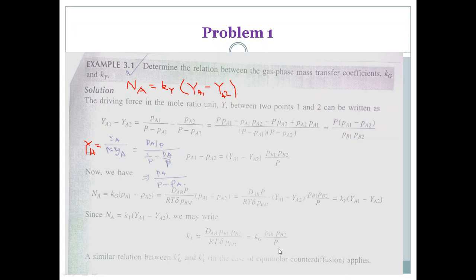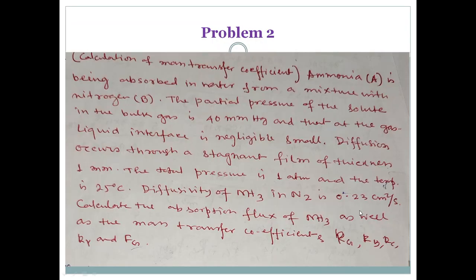This is the relation between capital K_Y and Kg. Similarly, you can calculate any mass transfer coefficient. We had already done it before, but that day we did not calculate this one, so that's why we calculated it. This is one problem. Now problem 2.